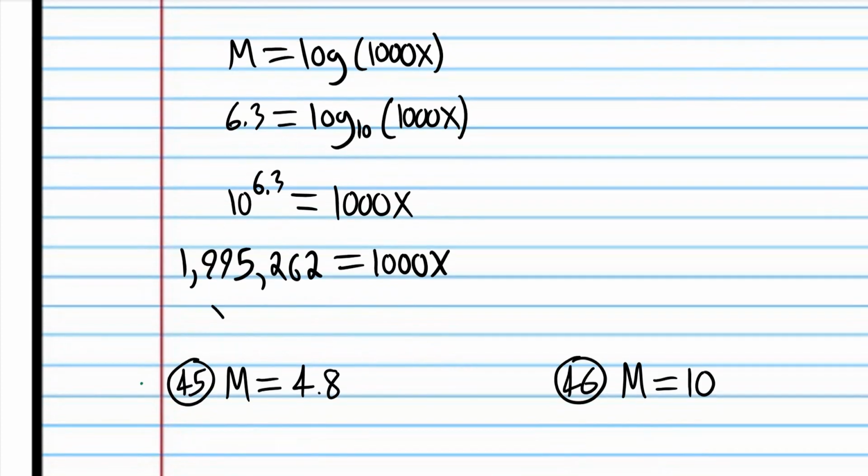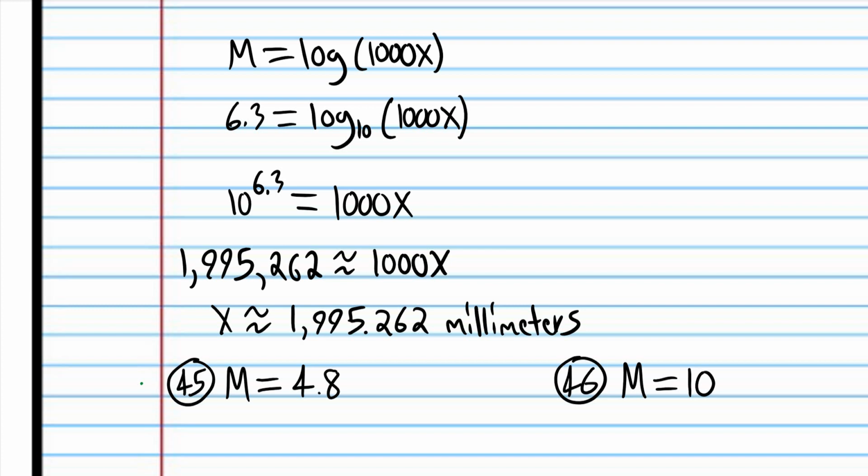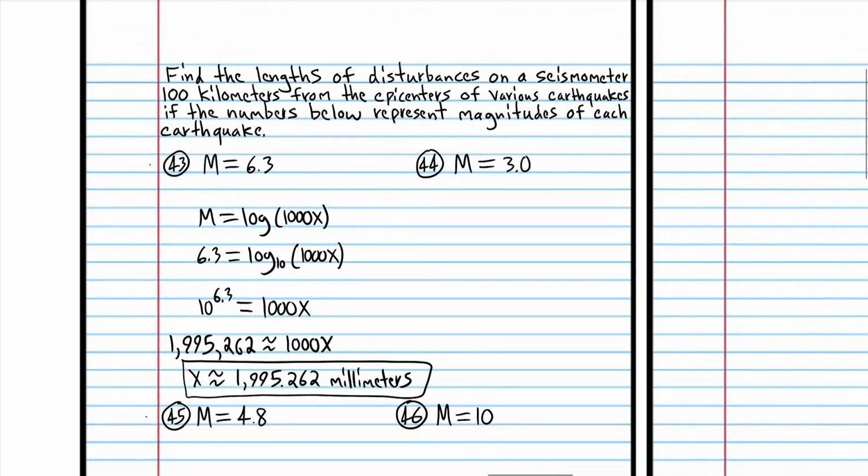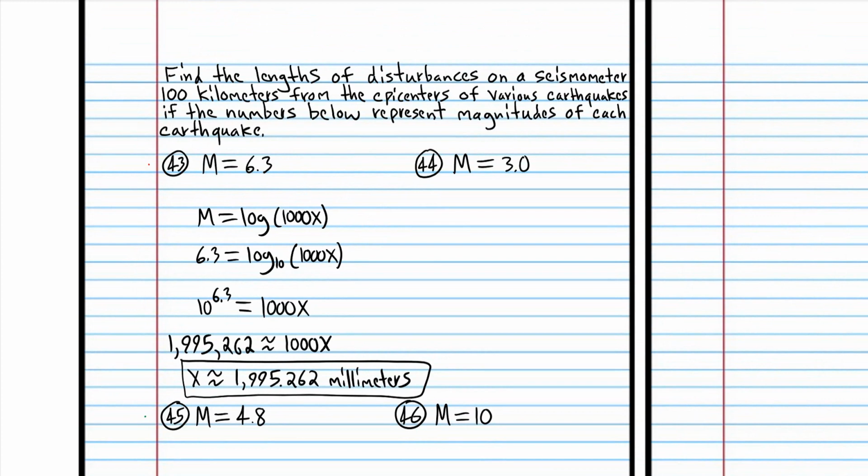And our final answer is, maybe we should put squiggly equal signs there, 1,995.262 millimeters. So that's a pretty big earthquake. 6.3 is a very, very large earthquake.